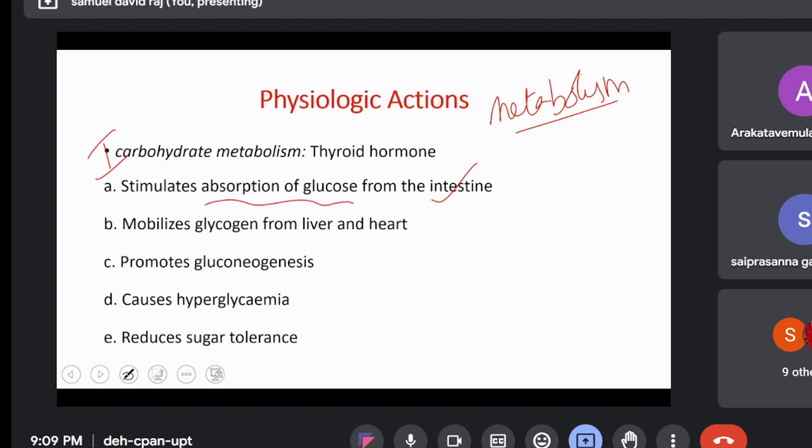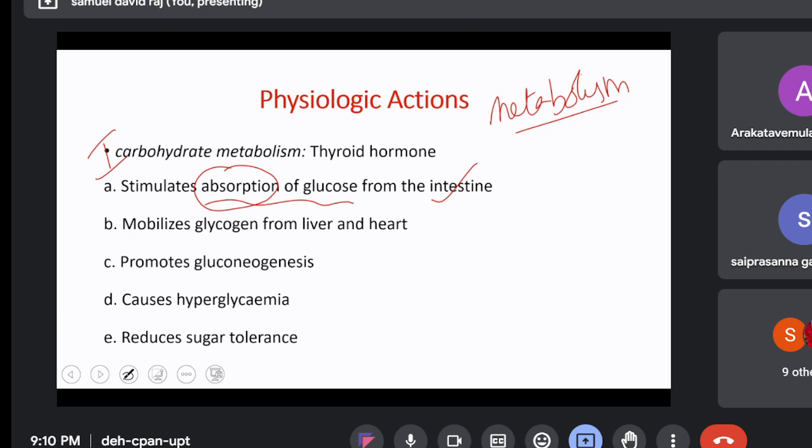Why? Because glucose is the source of energy. So glucose present in the intestine has to be absorbed so that it can be transported through the blood and reach the cell. So the first event in the production of energy is the transportation of glucose from intestine to blood and from blood to cells. This is accomplished by thyroid hormone.